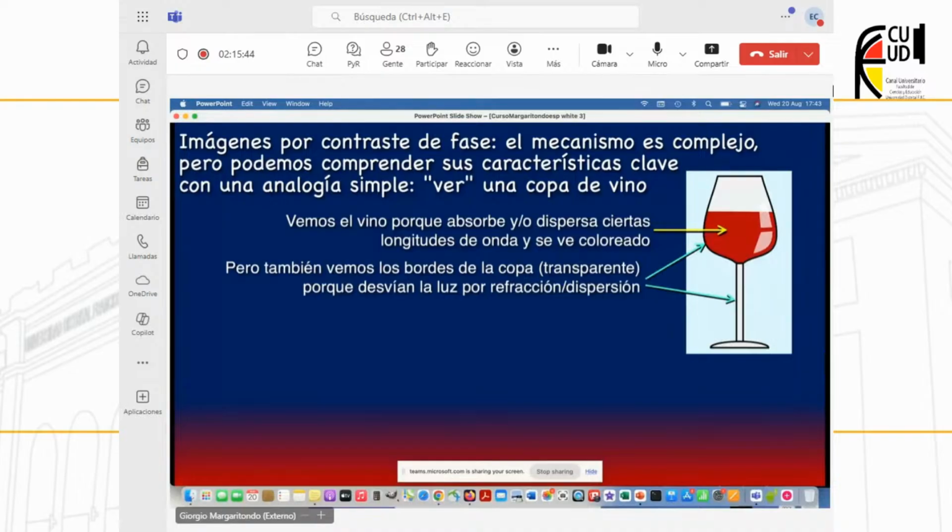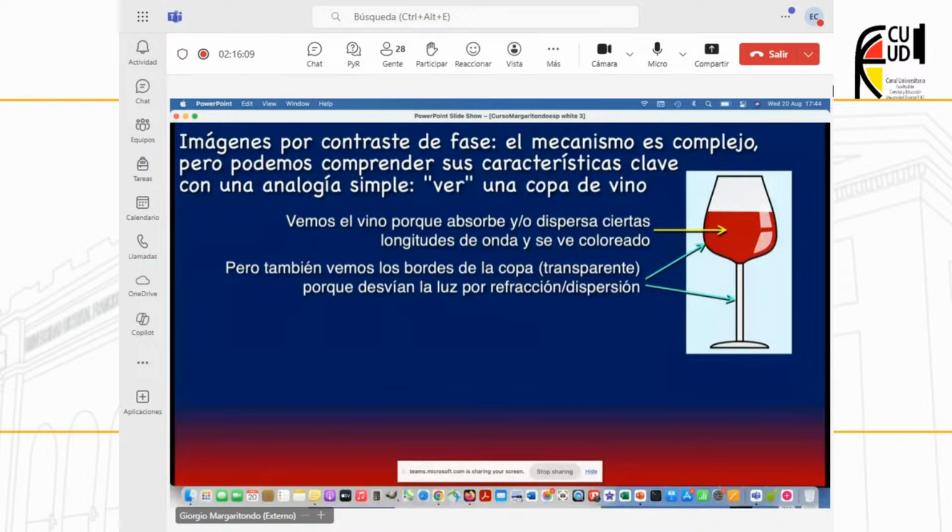Now, the edges are glass edges, so they are not absorbing. They are not colored, right? But what happens is that the presence of the edges influences the light, for example, by refraction or scattering, and this is what makes the edges visible. So you have a collection of two different kinds of mechanisms.